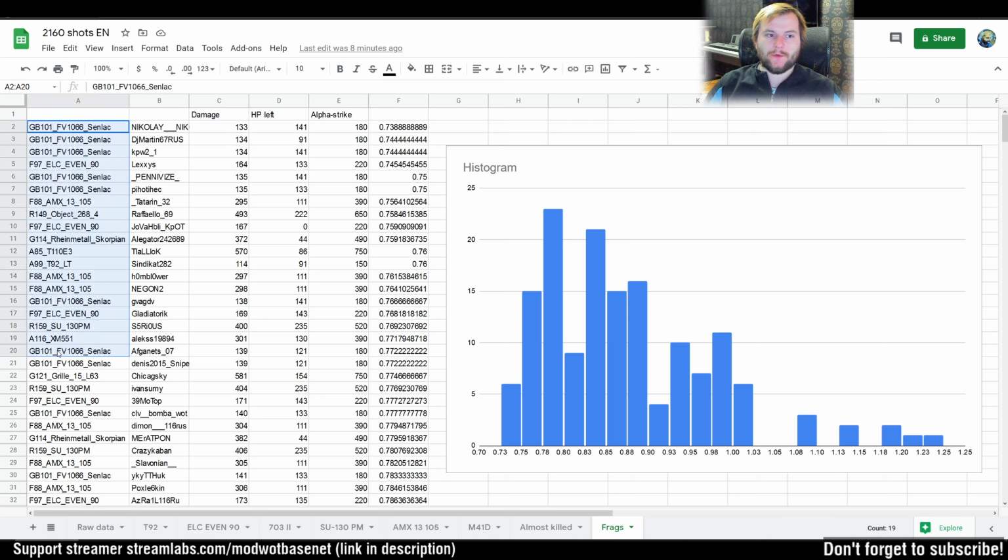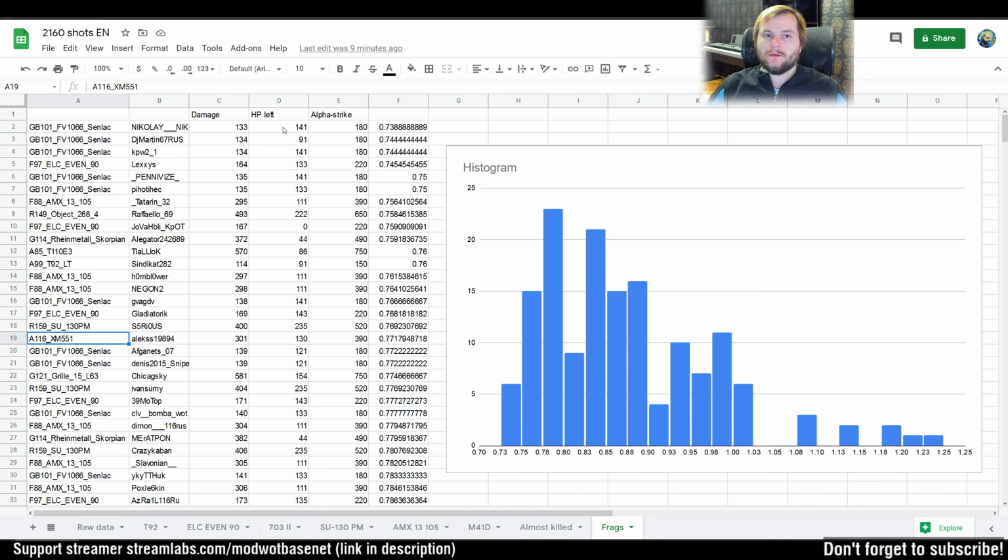Here you can see the name of the tank, but they are not translated, so just in case, they can be read like Sinlock, ELC even 90, but keep in mind that in this example, this tank is the Sheridan, tier 10 light USA tank. It's called XM551, but I'm sorry, I didn't translate it to normal names.